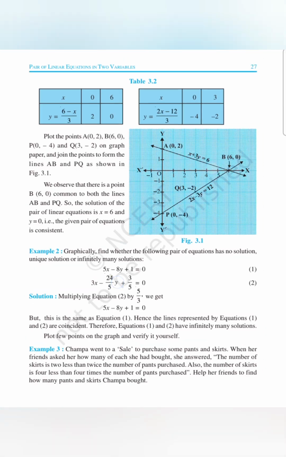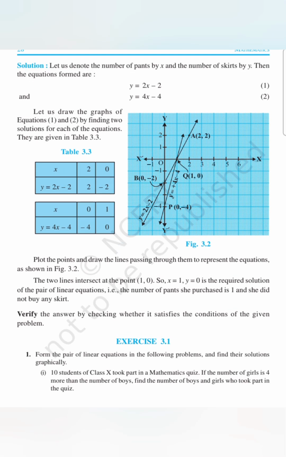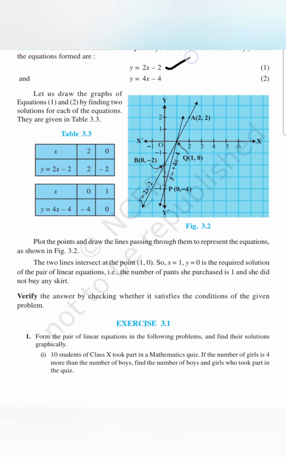Once you're done with the equations, you can go for the table. So draw the table for the first equation, then draw the table for the second equation. See here, you have the equation in the form of y is equal to already, so you need not make any changes. If it is x plus 2y is equal to 3 or x plus 5y is equal to 4, something like that, you'll be finding y from that and writing those values in the table.